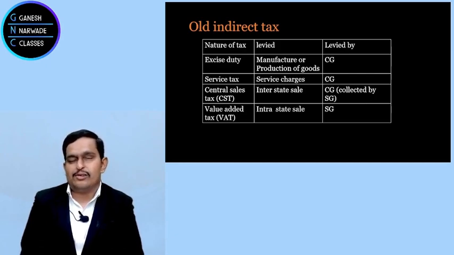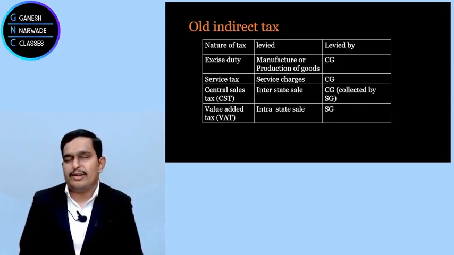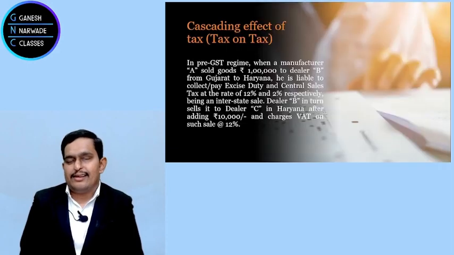Okay. Very good. Now let's understand: excise duty on manufacture of goods, levied by central government. CST on interstate sale of goods, between two states; the law is made by the central government, but collection and money was kept by the state government only.